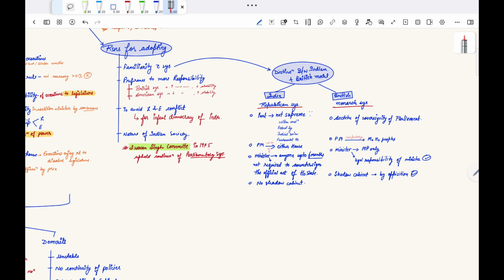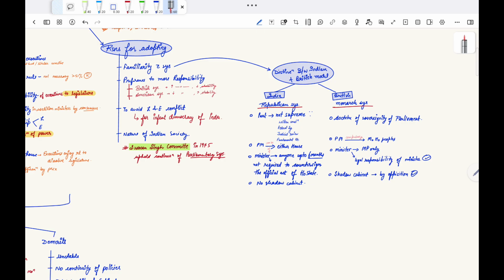Next, we have the distinction. What distinguishes the parliamentary system in India from that in Britain? In India, there is a republican system. What is a republican system? That means the major executive leader is not hereditary and is democratic. That means the real executive will be elected, selected by the people of the country.